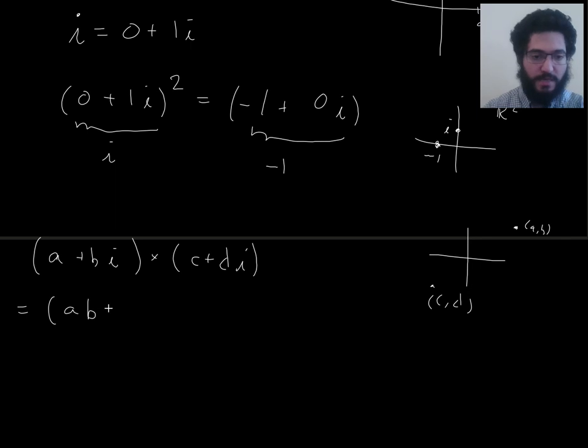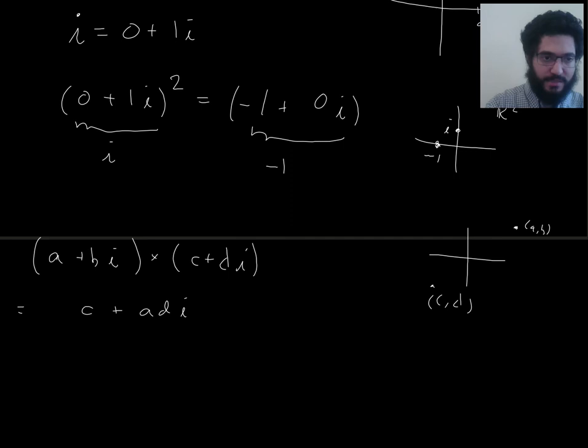So what would you get? AC plus ADi plus BCi plus BDi squared.